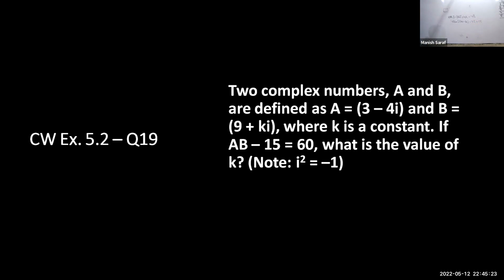So let me equate the real part. 4k is equal to 48. Or k is equal to 12. या real part, imaginary part भी check कर लेते हैं. So can I say minus of 3k minus 36 is equal to 0, or 3k is equal to 36, or k is equal to 12.